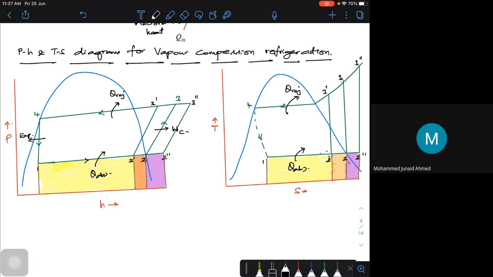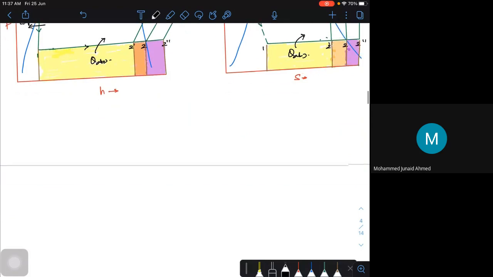Okay, fine. Now let us go for the mathematical expression. Expression for coefficient of performance, or COP.